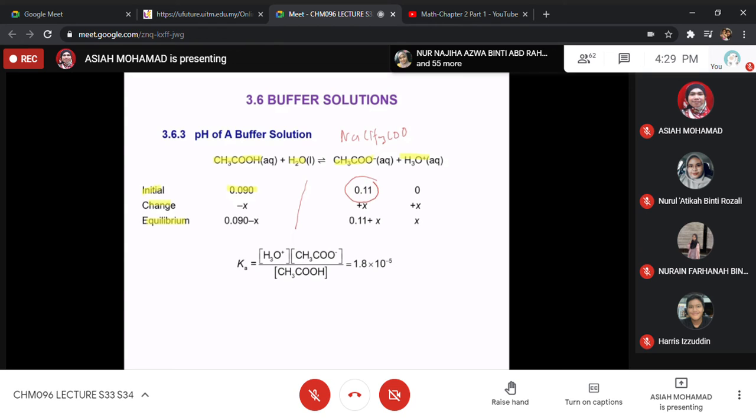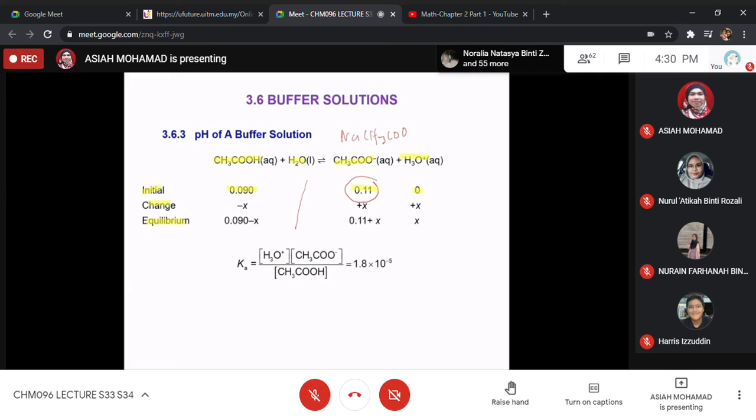So the initial concentration of sodium acetate is 0.11. Just write down 0.11 here, and we don't have the hydronium ion concentration yet, so just leave 0 there.